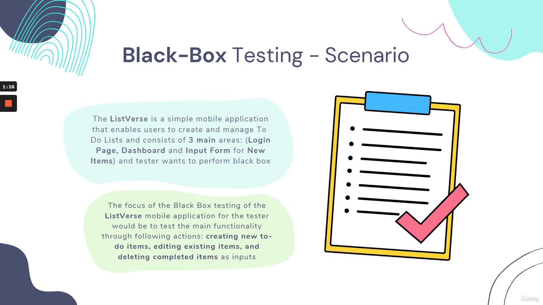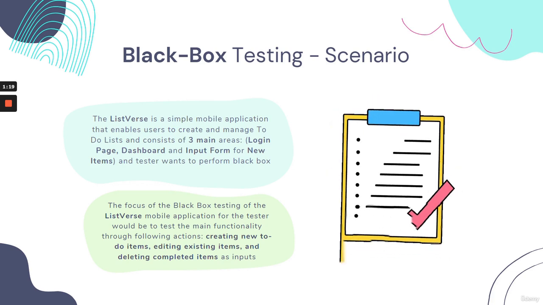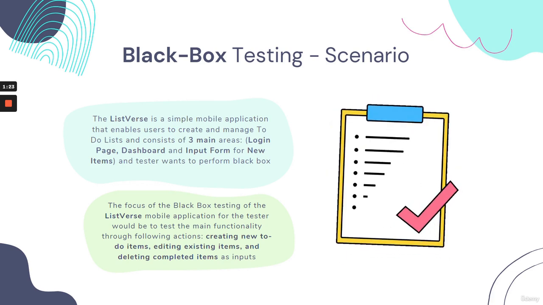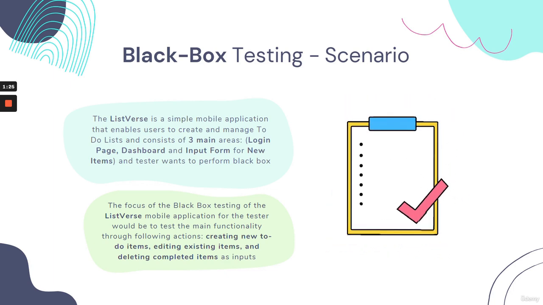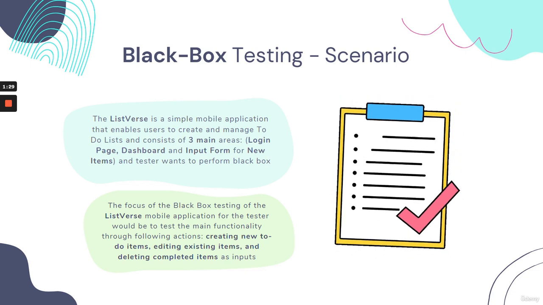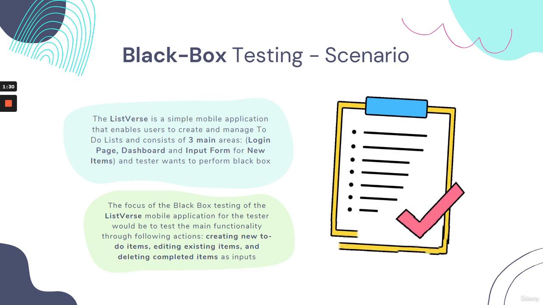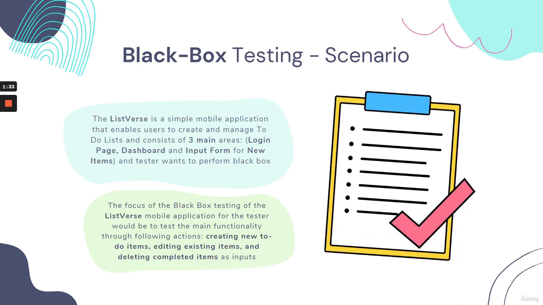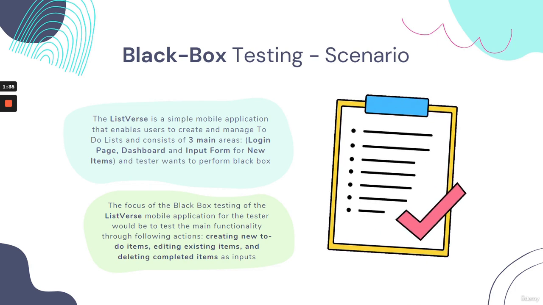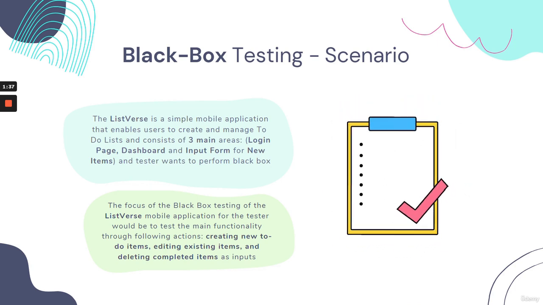The tester wants to perform black box testing for the list-first mobile application to focus on actions such as editing existing items and deleting or changing completed items as inputs.